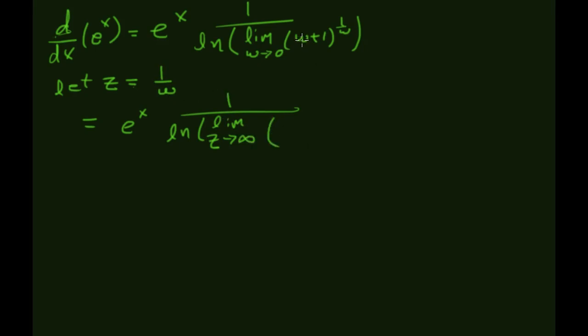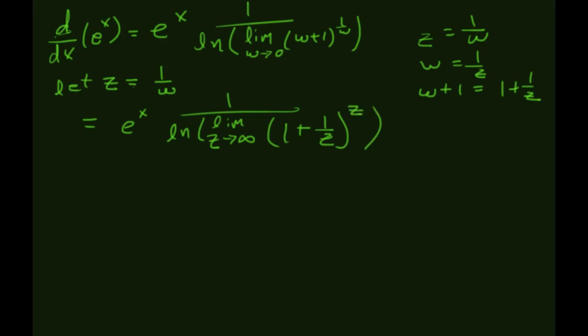Now, w plus 1: if z is equal to 1 over w, then w is equal to 1 over z. So w plus 1 is equal to 1 plus 1 over z, and 1 over w is z. That should all line up.